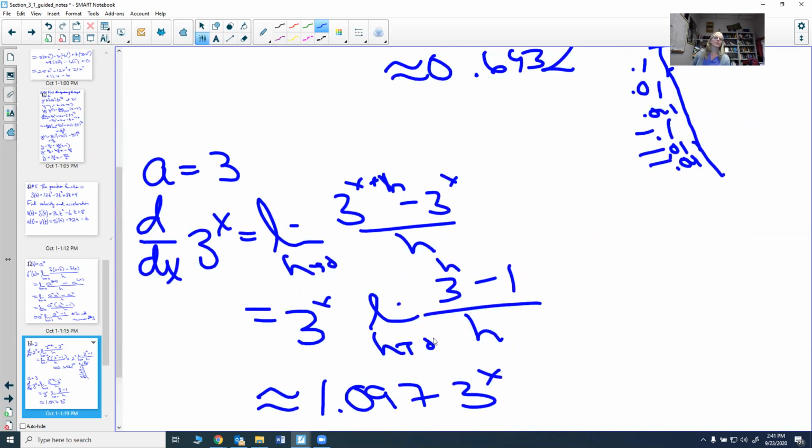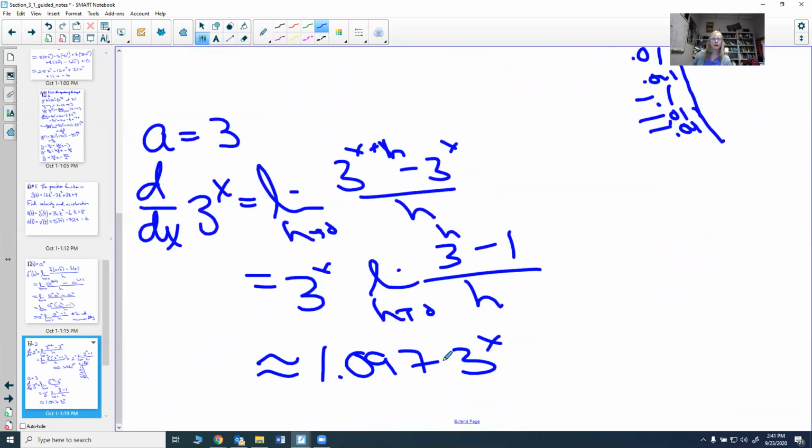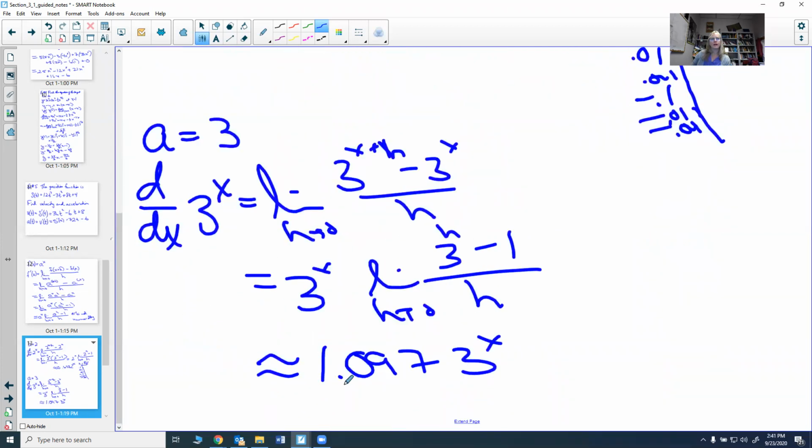Well, one thing we notice is that somewhere between these two, there's some function where that value right in front of there is exactly 1. I know that because this number is less than 1, and this number is bigger than 1. So there must be some number, some base that I could use where this is exactly equal to 1.